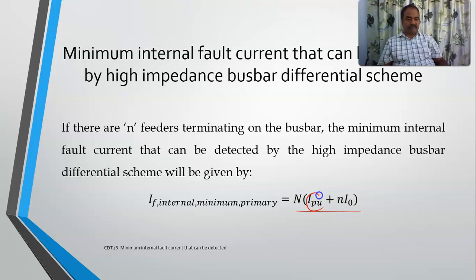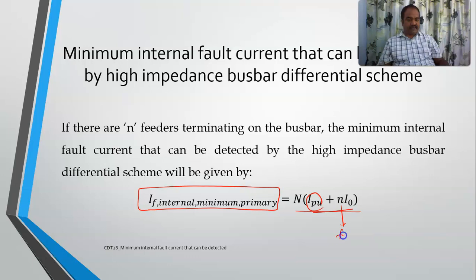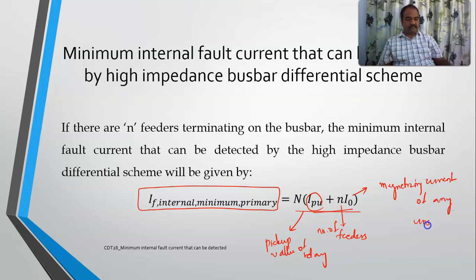So this is the pickup value of the current. Whatever the minimum primary fault current for internal faults is equal to n into IPU plus n into I naught, where n is the number of feeders, IPU is the pickup value of the relay, I naught is the magnetizing current of any unsaturated CT, assuming that all CTs are identical.